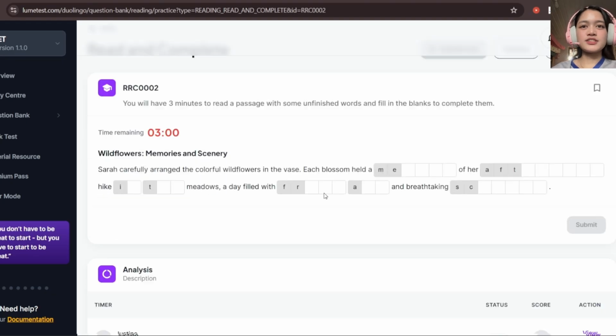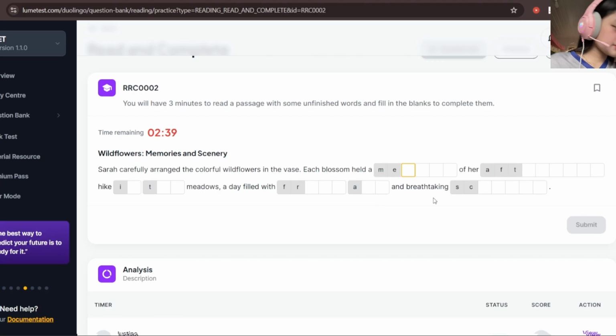Let's try another question. Wildflowers, memories and scenery. Sarah carefully arranged the colorful white flowers in the vase. Each blossom held a blank of her blank hiked blank meadows, a day filled with blank and breathtaking blank.